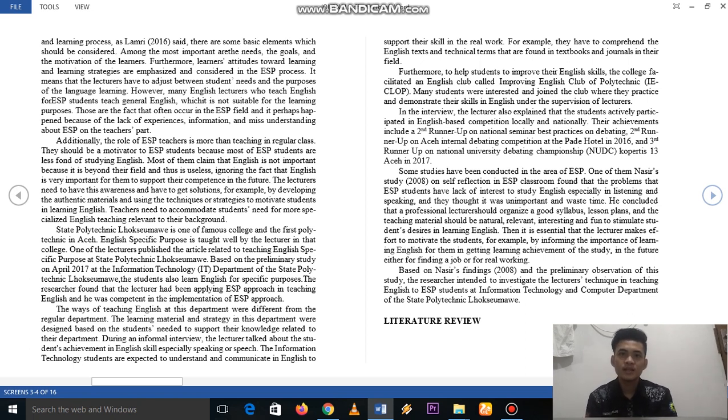The writer says that State Polytechnic Lhokseumawe is one of the famous colleges and the first polytechnic in Aceh. Based on the preliminary study in April 2017 at the Information Technology Department of the State Polytechnic Lhokseumawe, the students also learn English for specific purposes, or we call ESP.